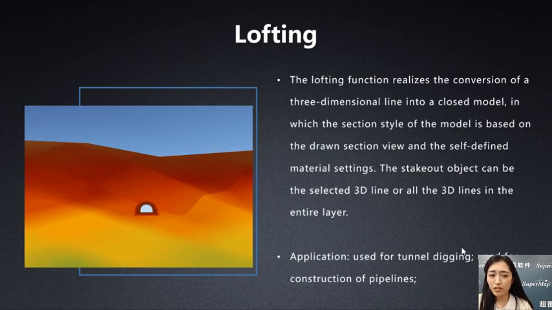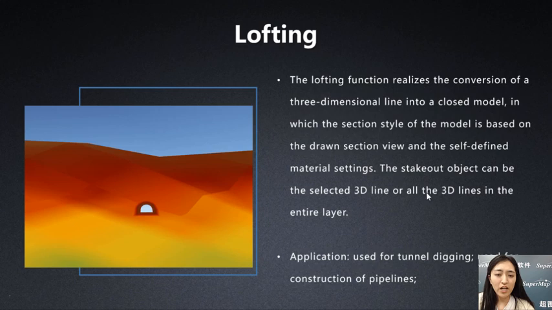So what is the lofting analysis? The lofting analysis realizes the conversion of the 3D line into a closed model, in which the section style of the model is based on the drawn section view and the self-identified material settings.